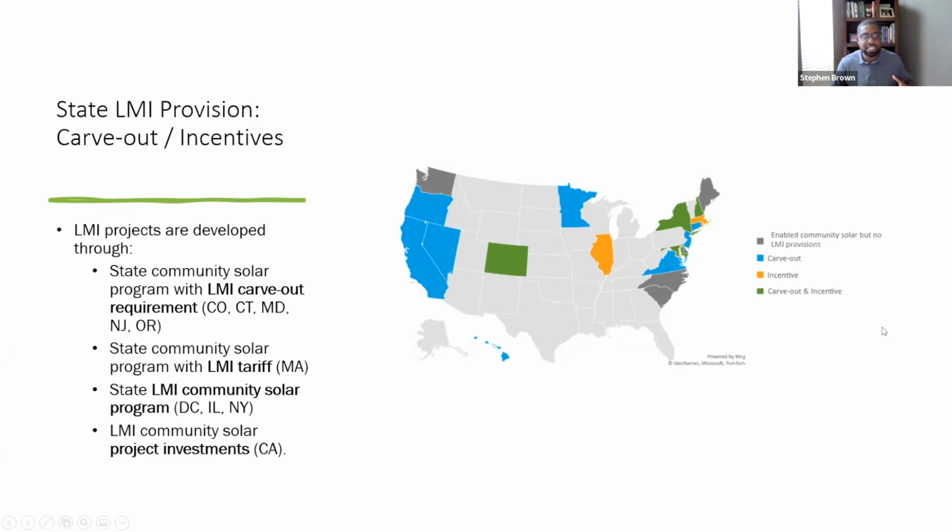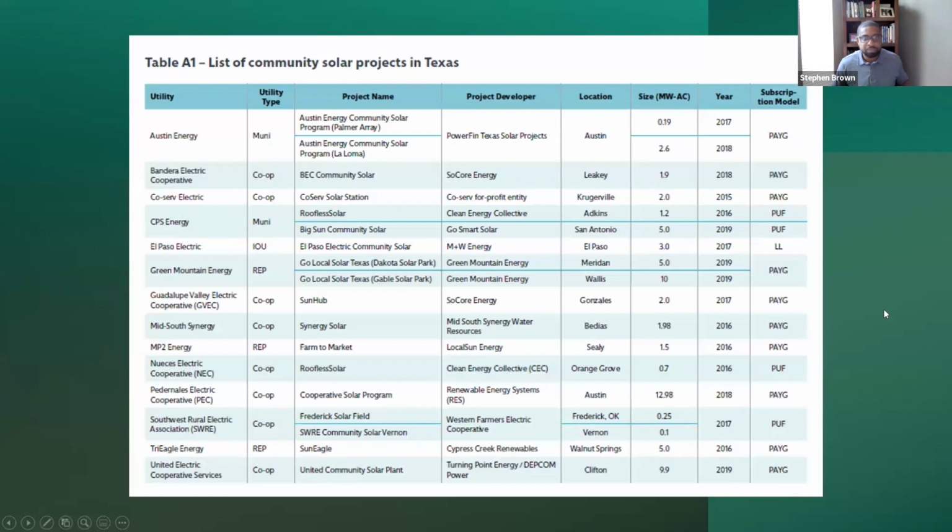Okay, and community solar is one tool in a toolkit of solutions to continue the path towards transition to a carbon neutral economy. And even in Texas, there have been a number of community solar projects. This is a list of the ones to date, and you'll see utility type. They span from municipal owned utilities to co-ops to investor owned utilities.